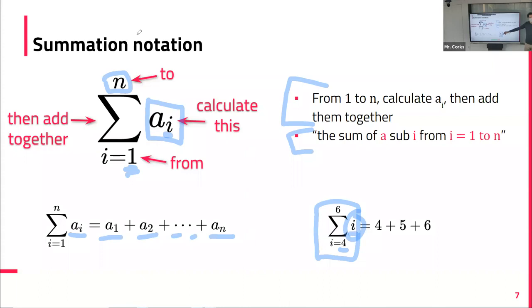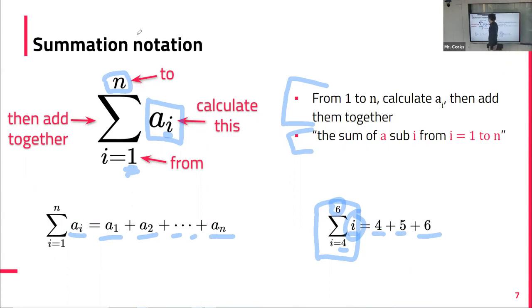Well, if it's not being multiplied or added to anything, it's just 4. And then we take our index, increase it by 1. So it's 5. And then we increase it again, we get to 6. We notice that here when i is equal to 6, that's the number on top. So we stop there.